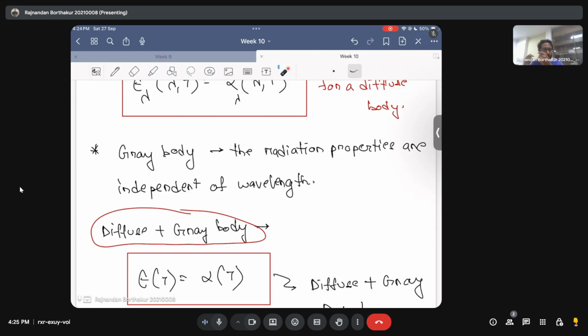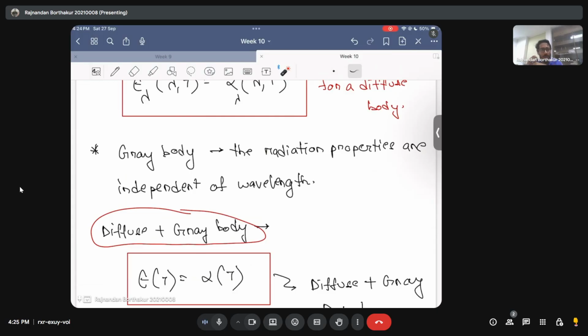And then from the total emissivity we calculated the total emissive power by using the Stefan-Boltzmann law, where we use the fact that the emissive power of a black body is just sigma times the temperature of the black body raised to the power 4. Okay, that's what we define.